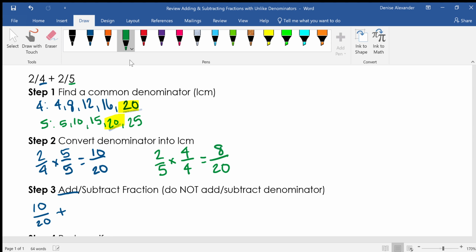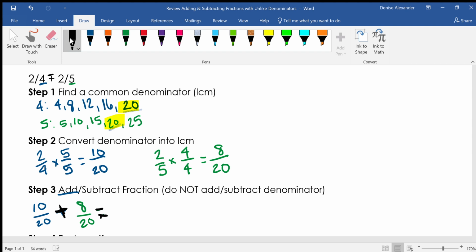Yes, it is 8. Now I'm going to bring that fraction right over here, you guys. And because I have addition right here, I'm going to make sure I have my addition right here, okay? Now I'm going to add it.